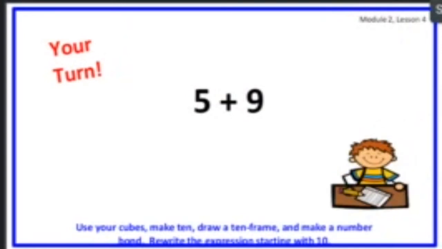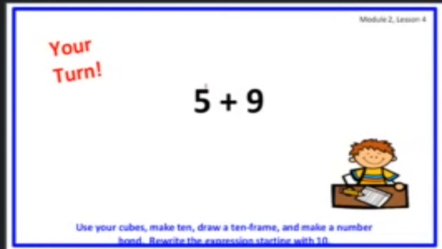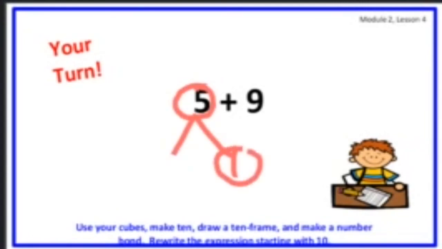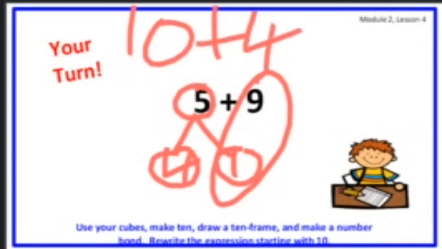Alright, moving down the line, we have 5 plus 9. I will make my number bond in 5 to share the 5 into 1, and what's the other number? 4. Do you see that now? And I will make my 10 and write the 10 plus what is left outside, 4, to give me 14. Very good.